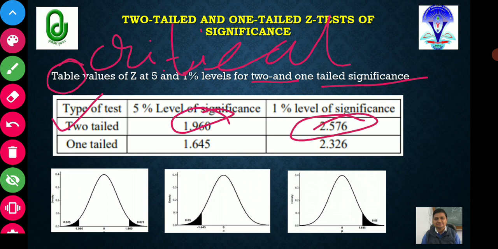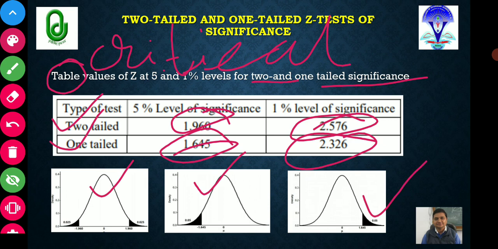These are the critical values of the normal distribution. When I was discussing the normal distribution, at that time in properties I told you the critical values of the normal distribution graph. Similarly, in case of one tail, at 5% it is 1.645 and at 1% it is 2.326. Here the first example is two-tail test, this one is the left-tail hypothesis testing, one-tail test, and this is the right-tail hypothesis testing.